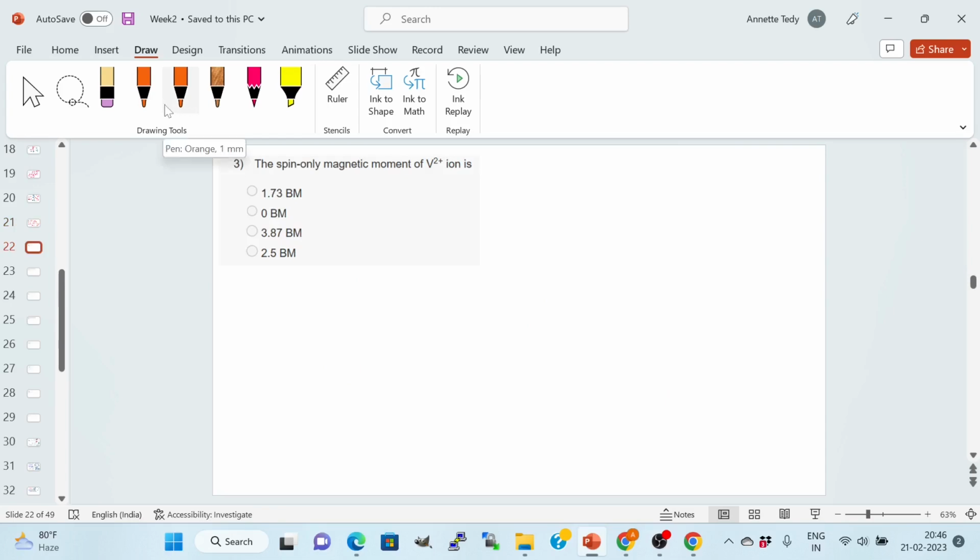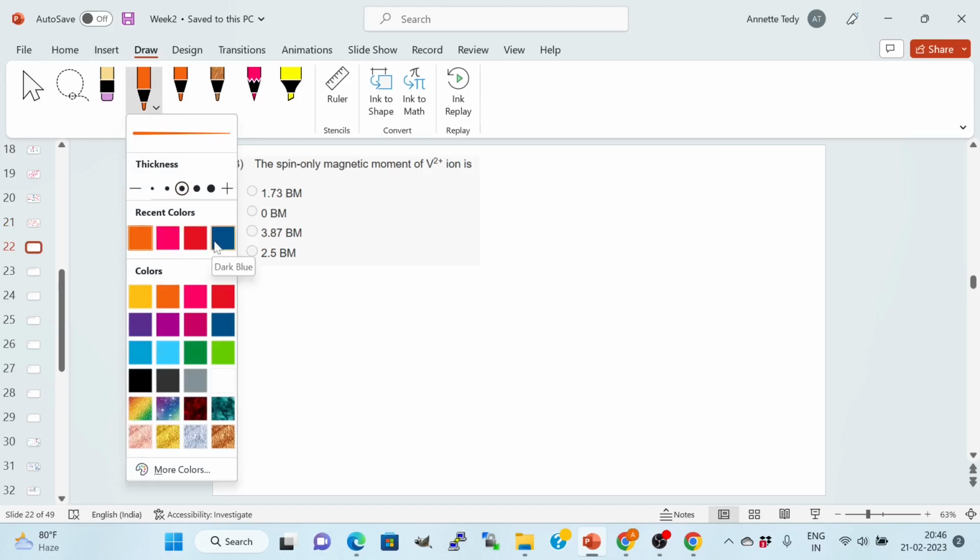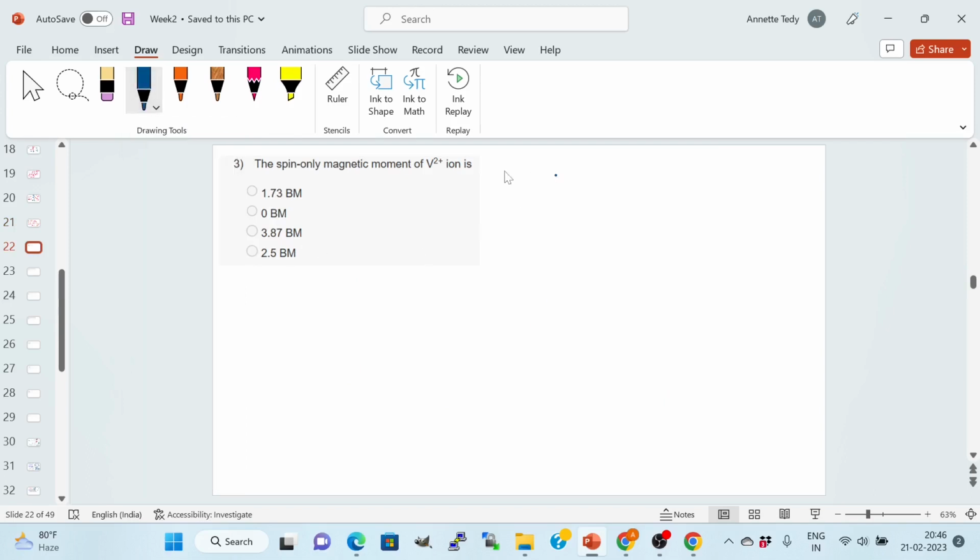So this one you should solve. What is the spin-only magnetic moment of vanadium 2 plus? One clue I'll give: vanadium 2 plus has d3 electrons. So what is the spin-only magnetic moment of V2+ ion?